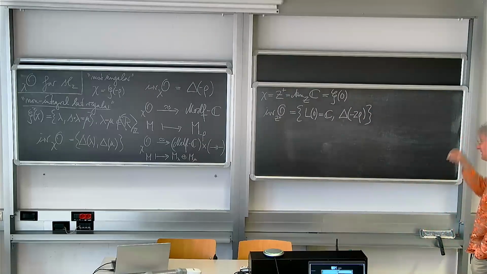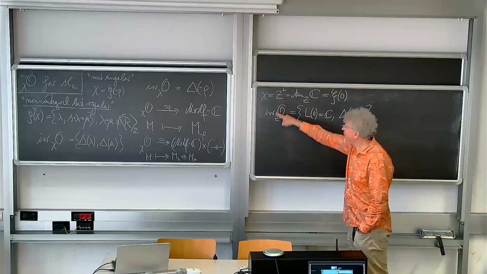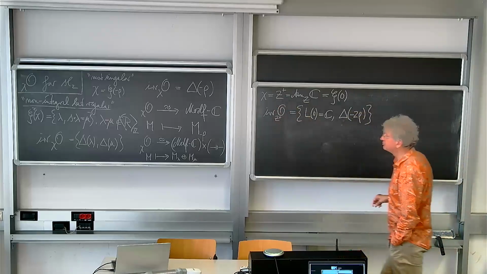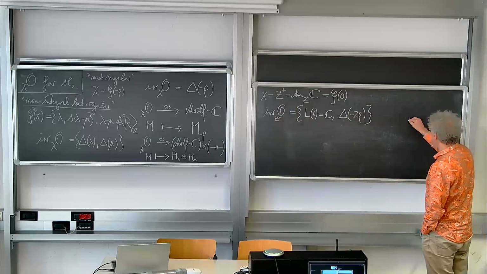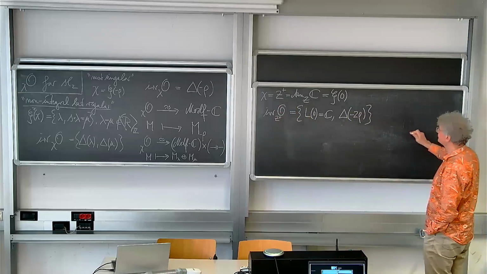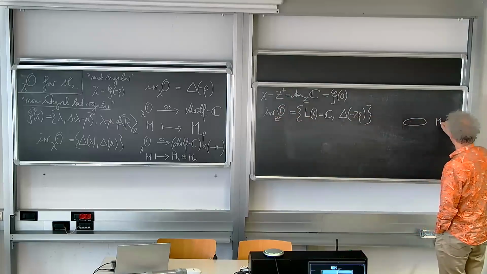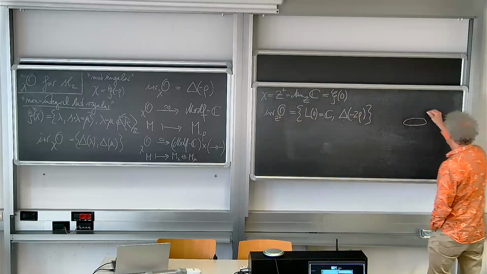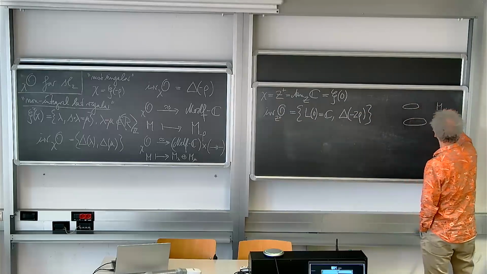I can try to draw a picture of how an object of this block of the category O looks. Here we have the weight space of weight minus 2 rho, and here the weight space of weight 0.